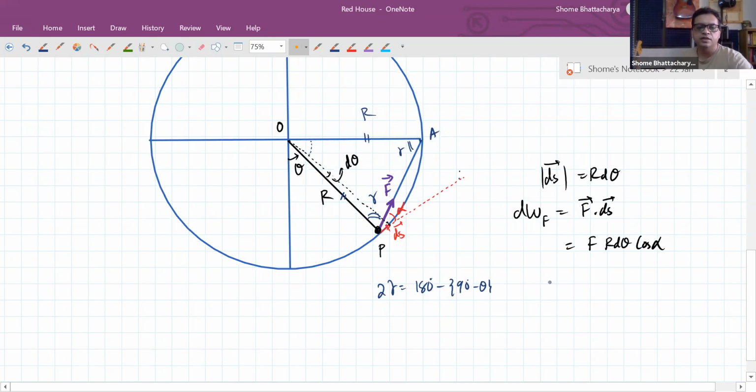So the sum of these two angles, 90 minus theta plus gamma, sum of 3 should be 180. Okay, so gamma from here comes out to be 45 degrees plus theta by 2. So this is 90 plus theta, so this comes out to be 45 degrees plus theta by 2.